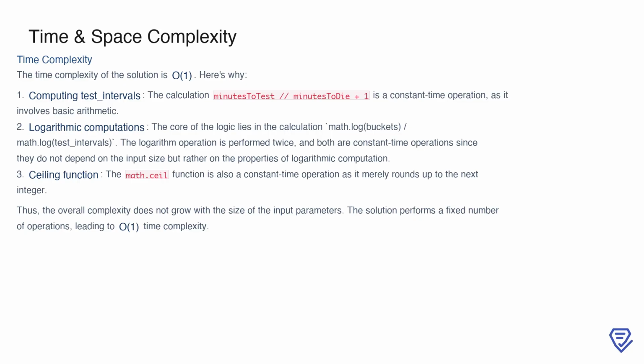While logarithms might seem complex, they are fundamentally constant time operations since they depend only on the properties of logarithms and not on the size of the input. Finally, we apply the math.ceil function to round up the result. This rounding is also a constant time operation, as it involves no iteration or dependency on input size. Altogether, every step of the solution involves a fixed, finite set of operations, meaning the overall time complexity remains O(1), independent of the input parameters.